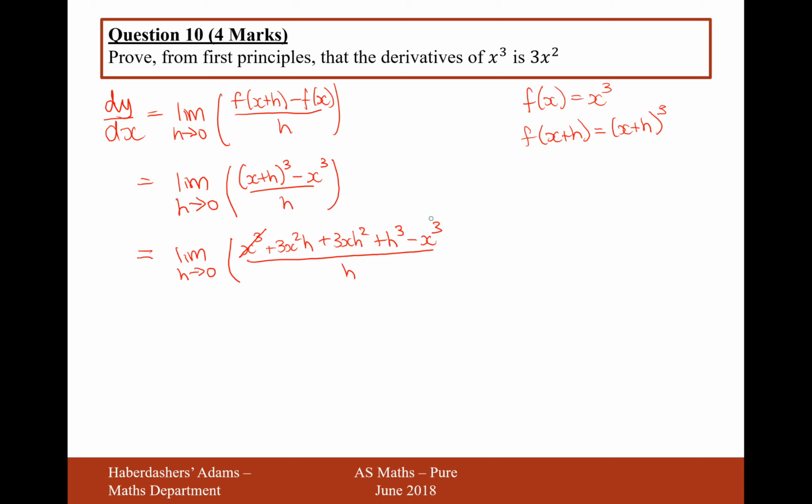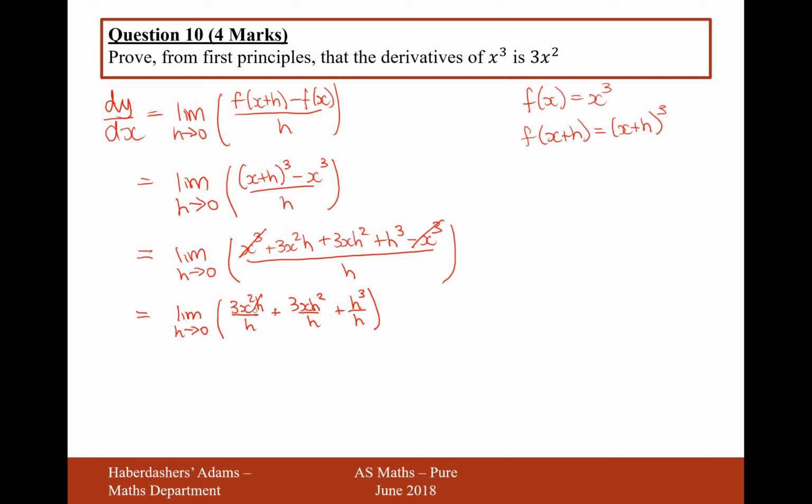Now what we should do is simplify the x cubes because we've got one positive, one negative. And now what I'm going to do is rewrite all of these fractions as being all over h independently. So 3x squared h over h plus 3x h squared over h and plus h cubed over h.